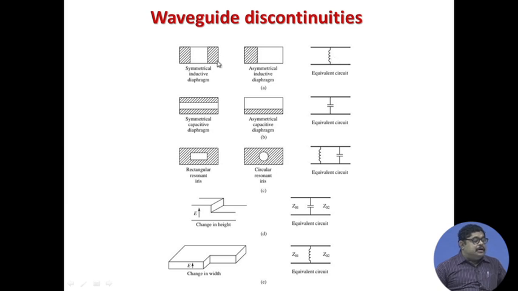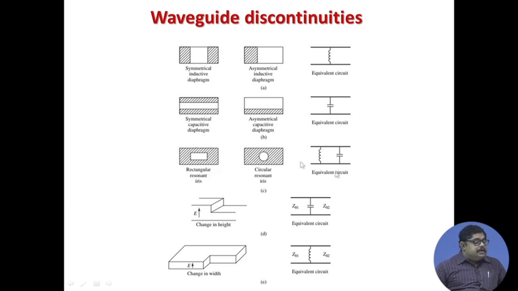This is called an inductive diaphragm. Here the blocking is in horizontal strips. In this case, these are vertical strips. So, this is called a capacitive diaphragm. That is why a capacitor can be implemented by a waveguide like this.